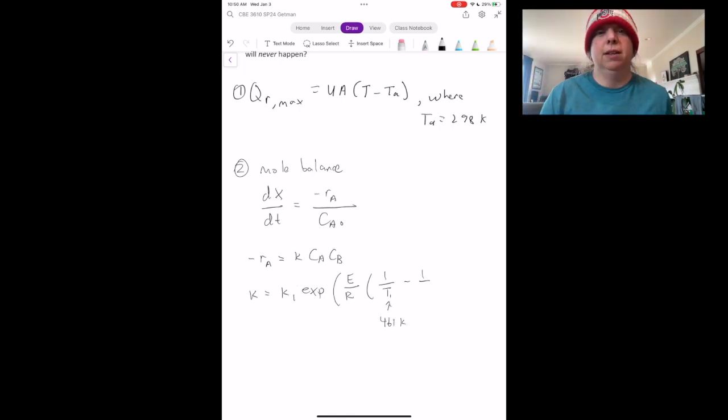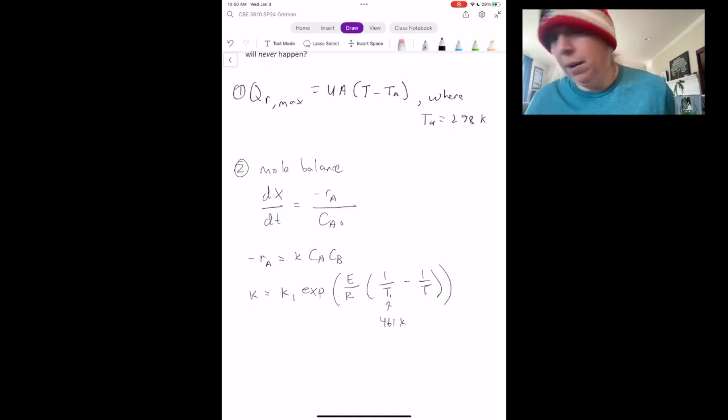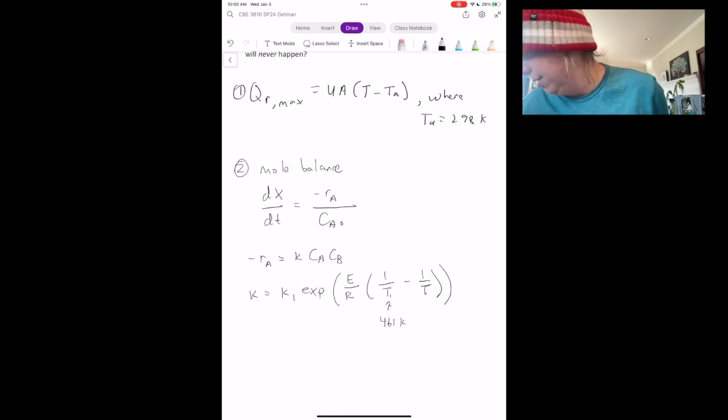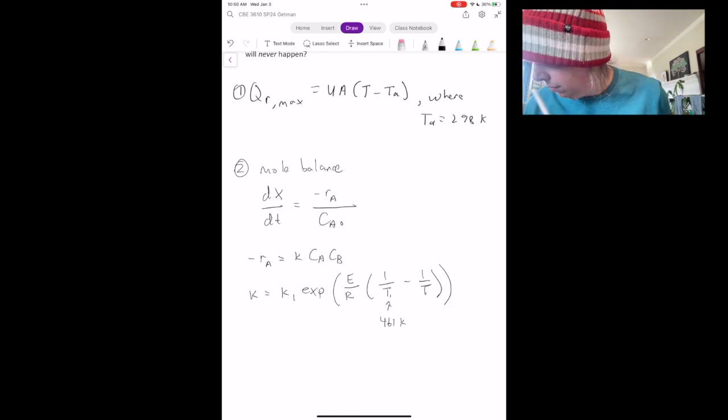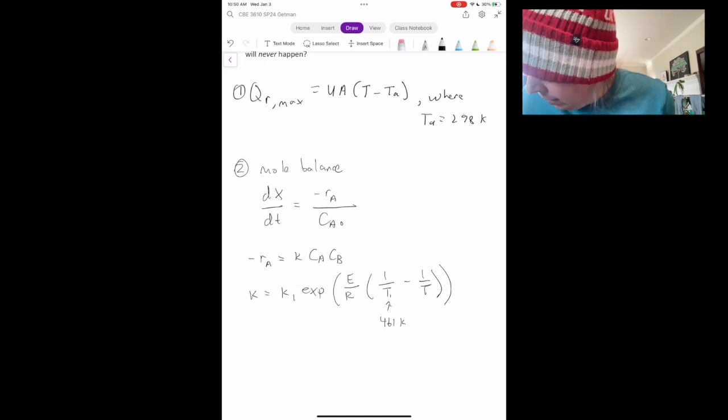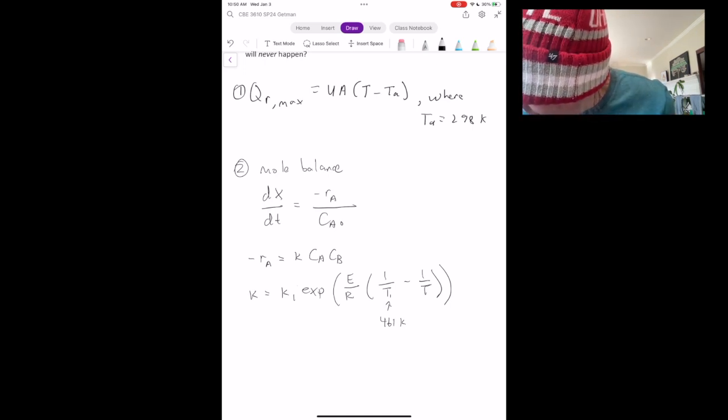In the isothermal case, the temperature is going to be this 175 degrees Celsius. I'm not going to try and add in my head quickly what that is in Kelvin, but that's the number that would go there. All right, so now we need expressions for Ca and Cb.